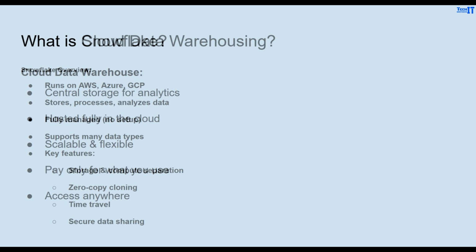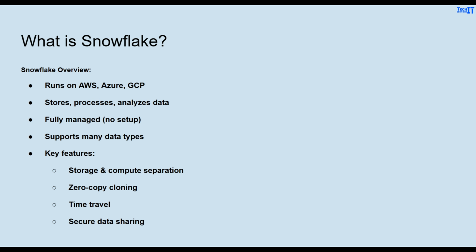in this demo. Snowflake is a cloud-based data platform that works on AWS, Azure, and Google Cloud. It handles everything from storing your data, processing it, and running analytics, all in one place. It is fully managed, so you don't have to worry about installation and upgrades.